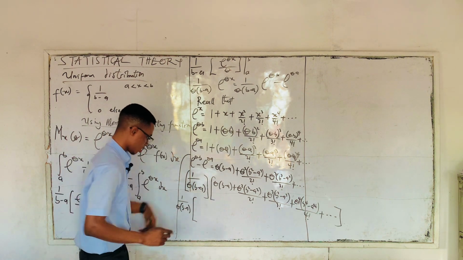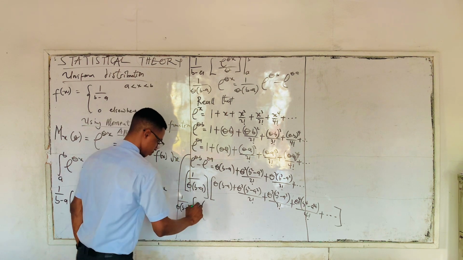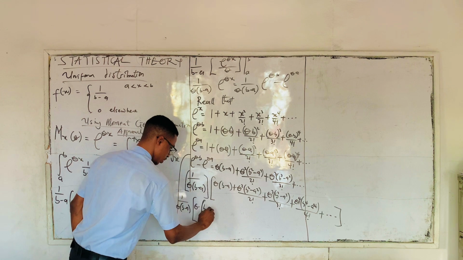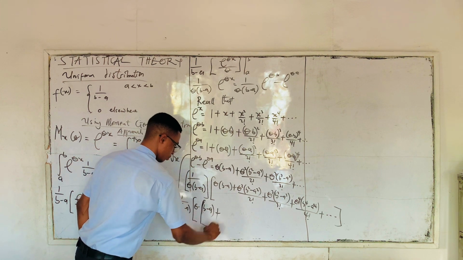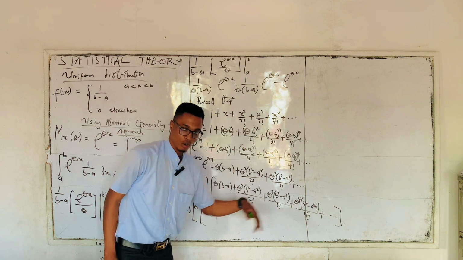If we bring out theta, we are left with what? Theta into bracket b minus a plus, remember we are bringing out theta from all the expression.